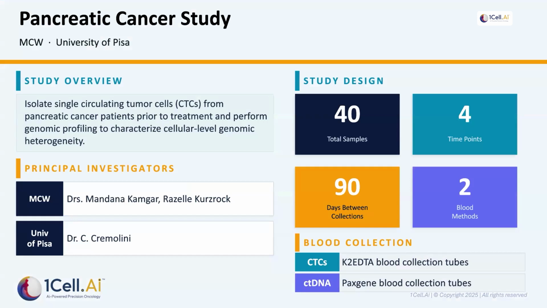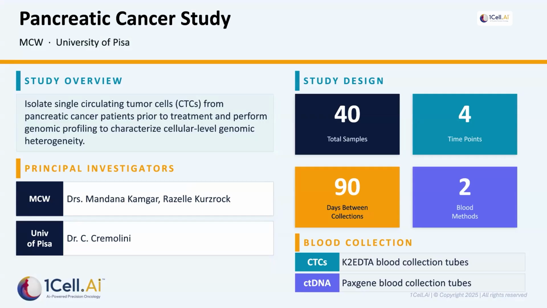So this is a study that we initiated, and the purpose of the study was to isolate single circulating tumor cells from pancreatic cancer patients prior to treatment and perform genomic profiling to characterize cellular level genomic heterogeneity, and also to follow these patients during treatment.